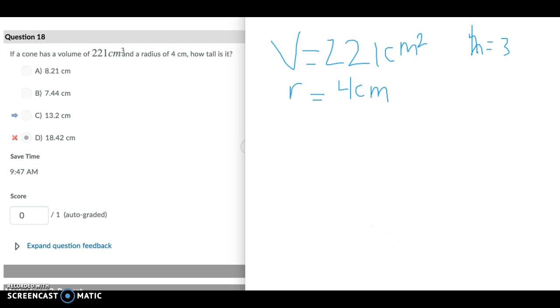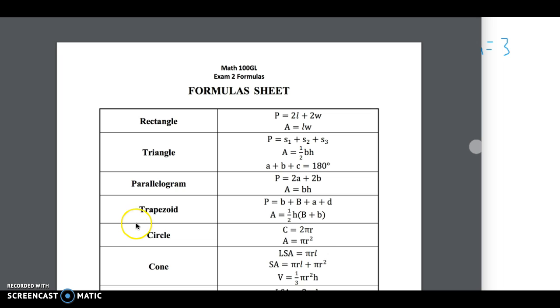So I need to first know what my volume of a cone formula is. You can pull up your formula chart, but the volume of a cone is, let's just pull it up.